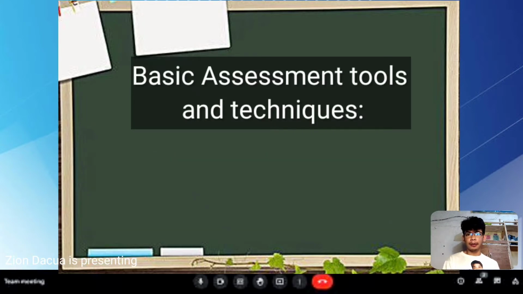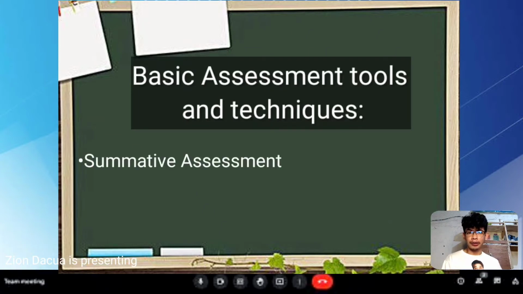Now let's proceed to summative assessment tools and techniques. It takes place after the learning has been completed and provides information and feedback that sums up the teaching and learning process. Summative assessment is more product oriented and assesses the final product.